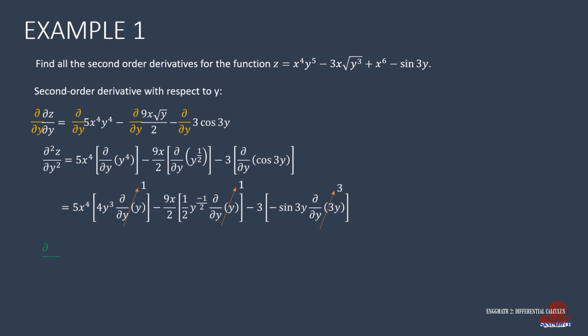So the second partial derivative of z with respect to y is 20x raised to 4y cubed minus 9x over 4 root of y plus 9 times sine of 3y.